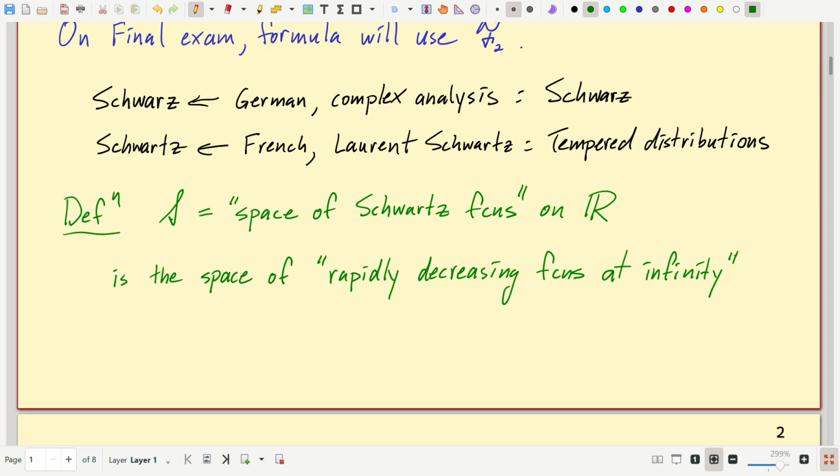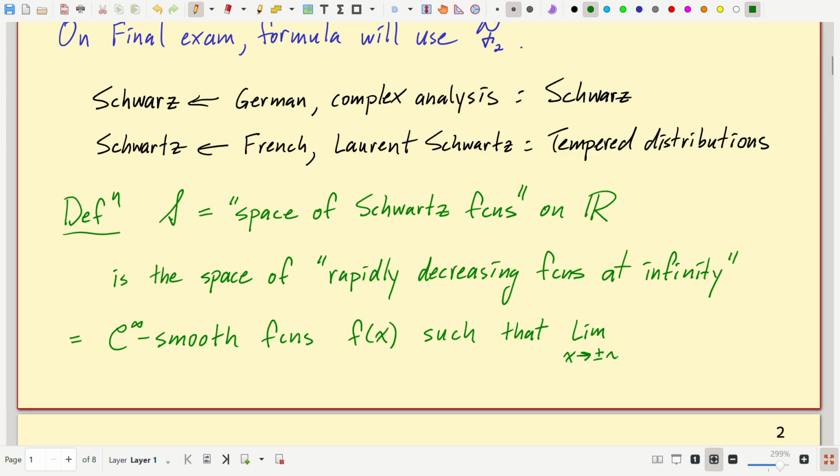And here's what they are. They're C infinity smooth functions f, so infinitely continuously differentiable, such that you differentiate f any number of times you want, and then you multiply by a power of x, and that would go to, let's see, the limit as x goes to infinity or minus infinity, either end.